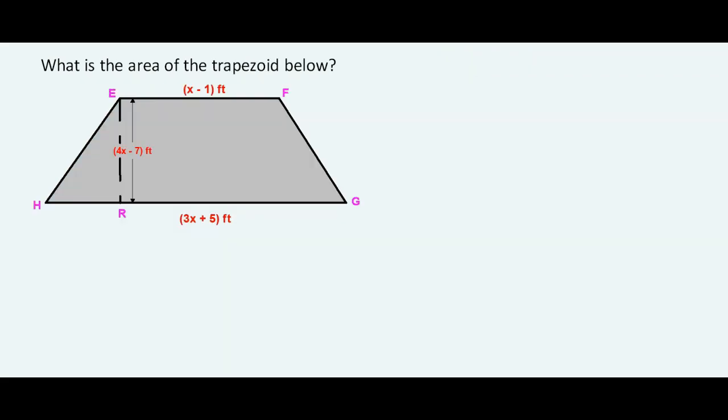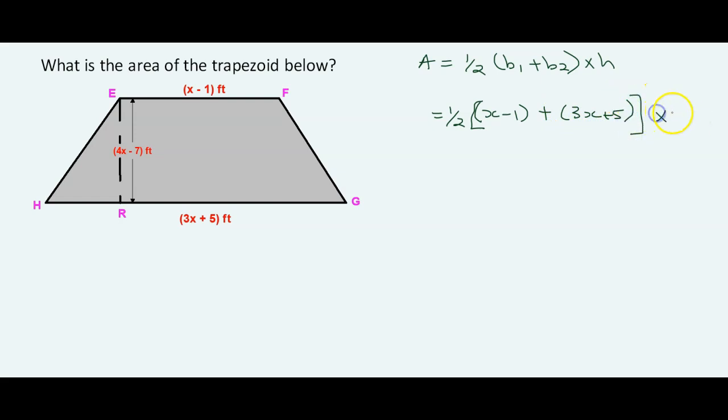The next example, what is the area of the trapezoid below? The area of a trapezoid is 1/2 the sum of the bases multiplied by the height of the trapezoid. So let's substitute. The area is going to be 1/2, your first base is x minus 1, plus 3x plus 5.